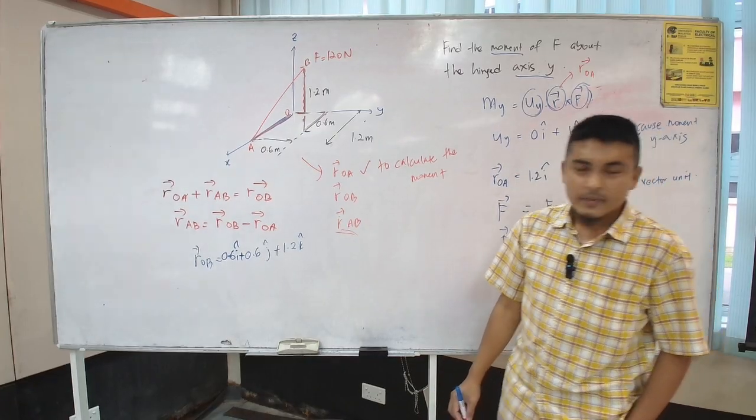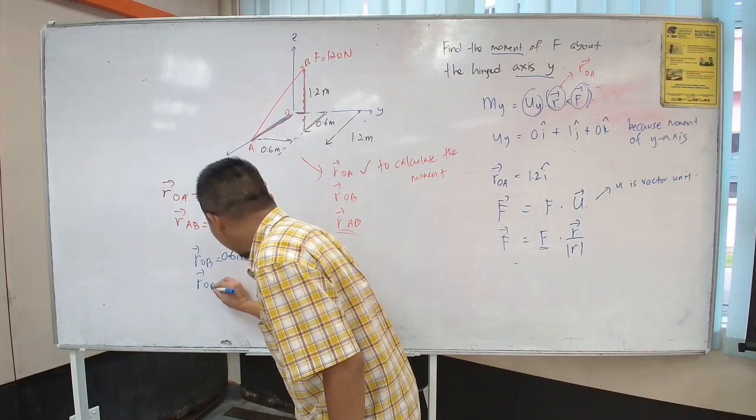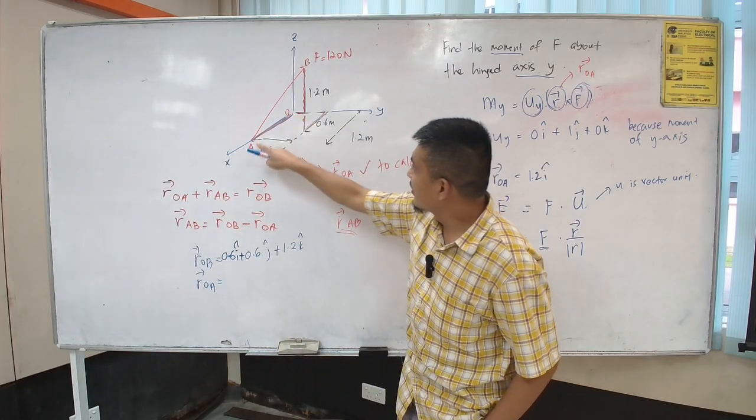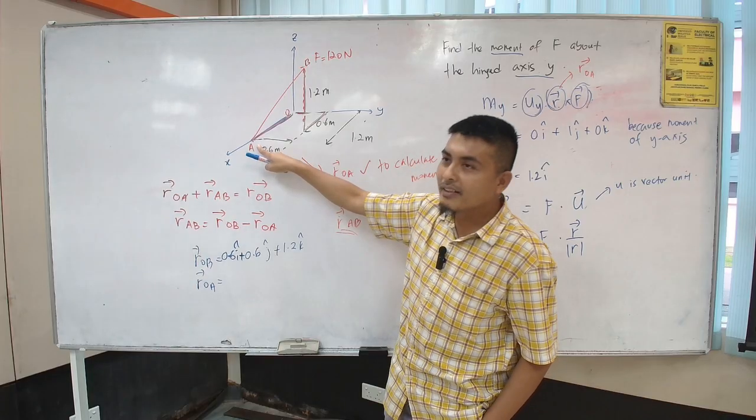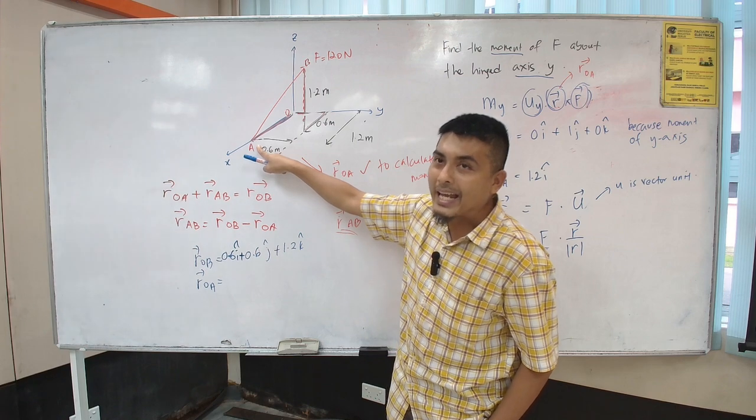And then for the ROA, once again, 1.2 I. That's all, is it?